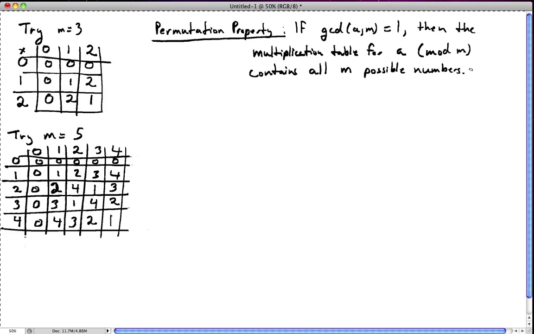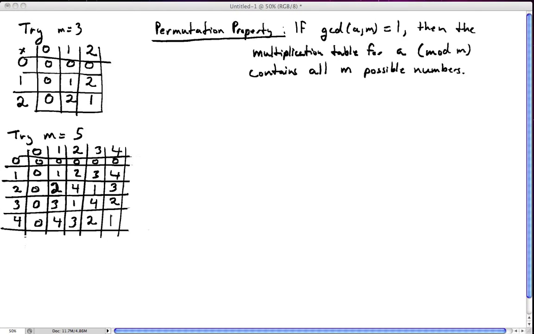Right? Mod M, there are M possible numbers, and the multiplication table contains all of them. Namely, when you multiply by A, what you get is a permutation of the other numbers. No two numbers get slammed onto the same number.